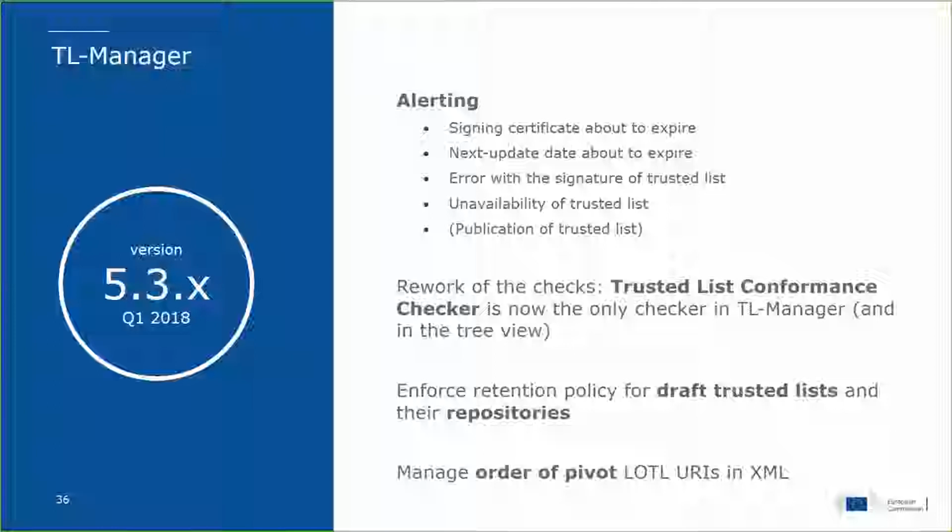So if you want to keep your draft trusted list for more than a few months, 6 months, I don't remember, Simon, you should do it on your own. Because there is a retention policy on these drafts. In the past we were collecting a lot of drafts that were not deleted, so now we enforce a clear policy.